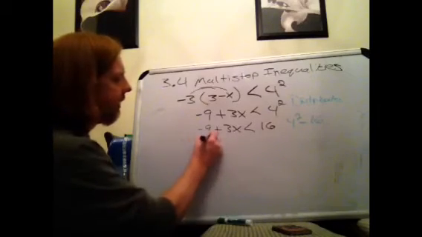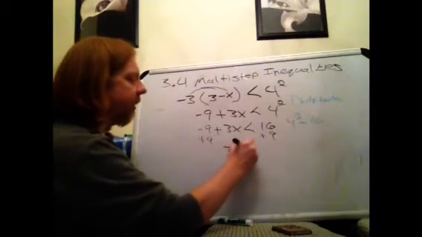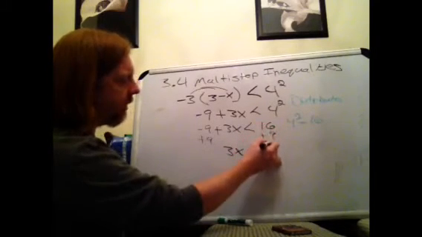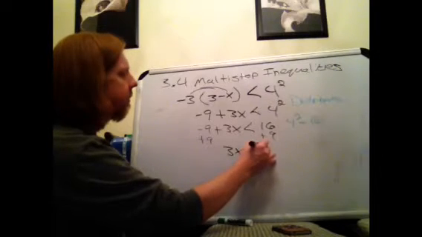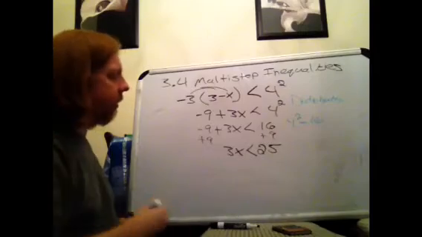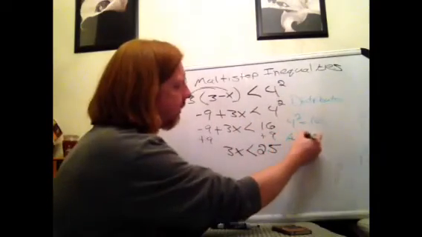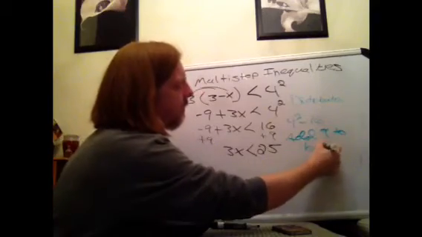Let's see, add 9 to both sides. So now I have 3x is less than 25. So I add 9 to both sides.